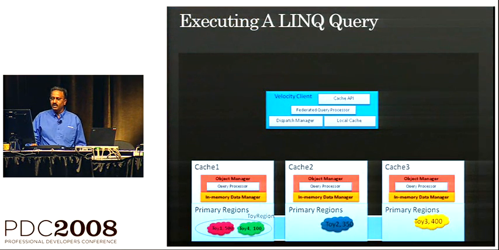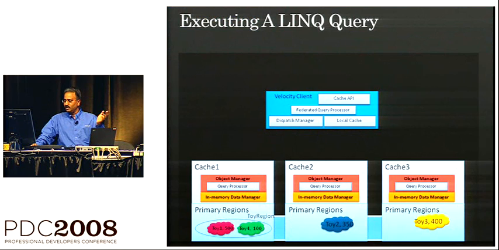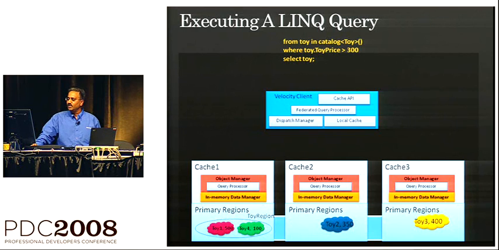One of them is executing LINQ queries. There are objects in the cluster, and from the Velocity client you request a query. Let's say there is a named cache called catalog, and you want to find all the toys where the toy price is bigger than 300.